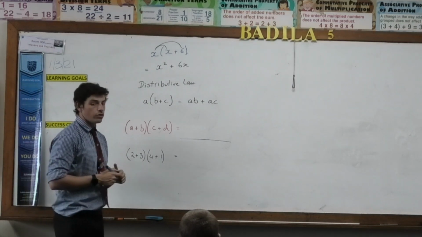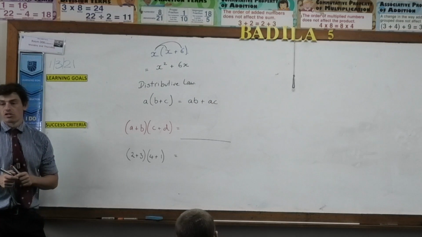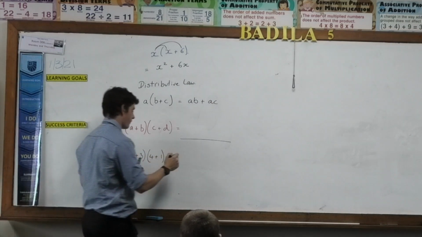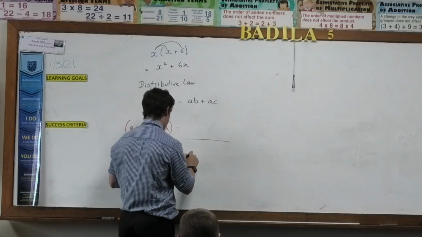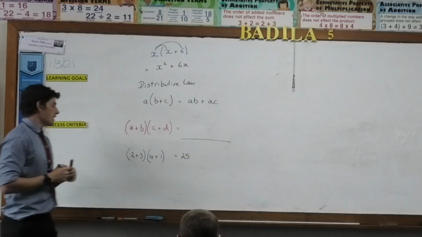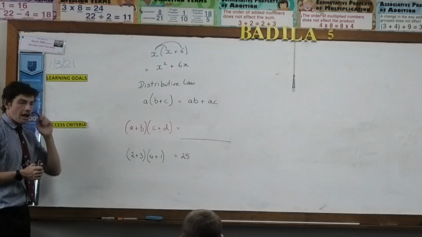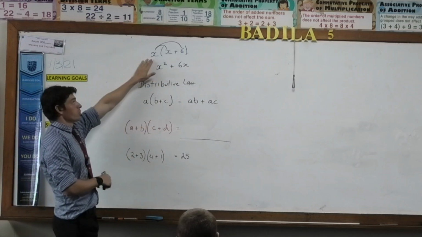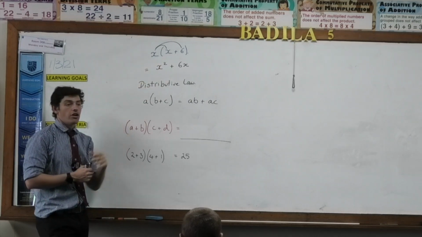Adam says 25, who agrees? Who disagrees? Who's got a different answer? I think it is 25. So we need some pattern for how that works. Because that's all well and good when we've got numbers, but we don't always get numbers, do we?